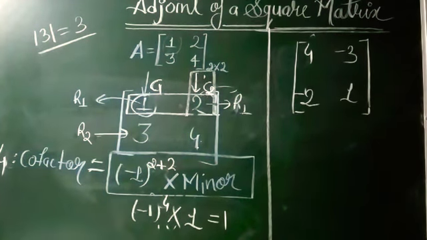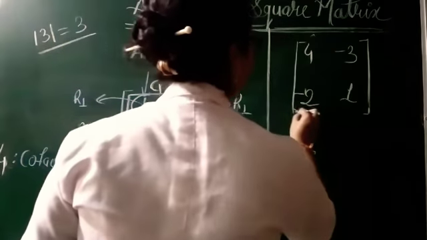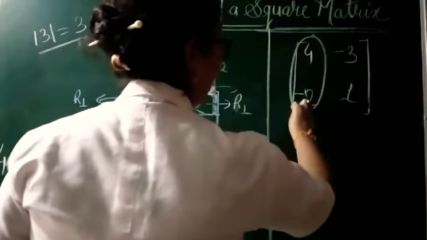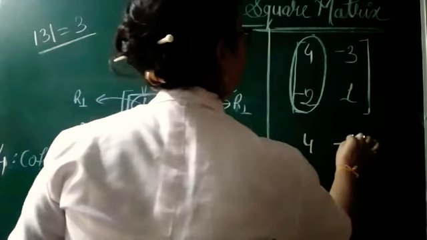You see, we find first some matrix. You see here, our new matrix is 4, minus 3, 2 and 1. Now, we will find transpose. For transpose, you know that we exchange row and column. So, you see, this is our column. It will become row.